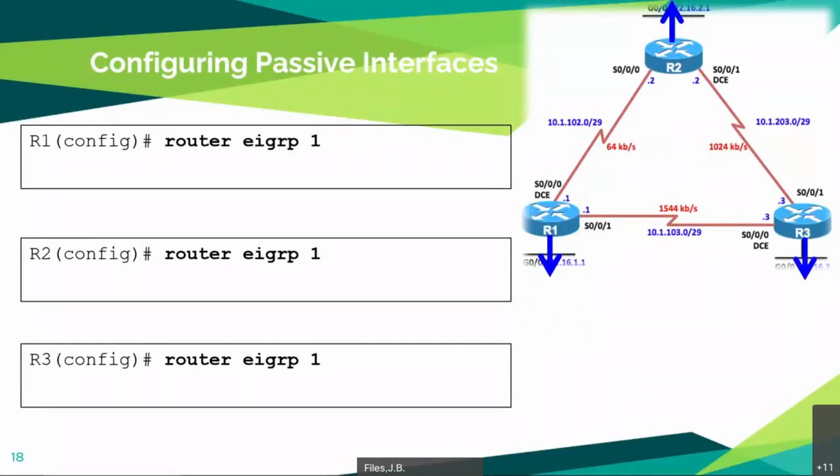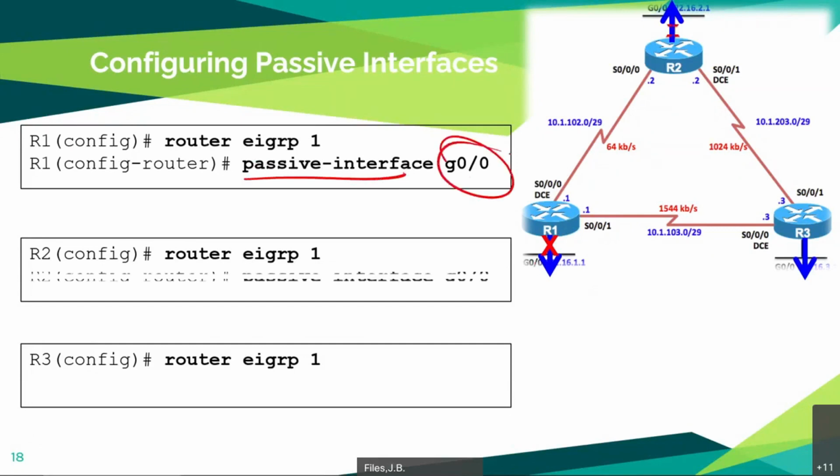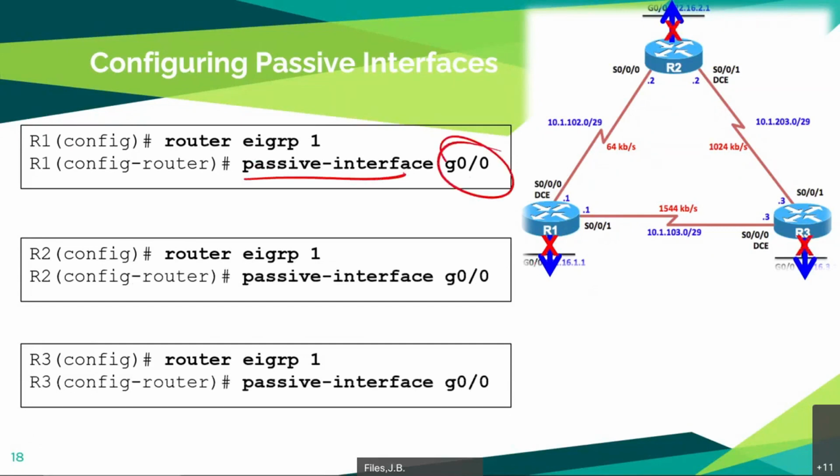So what we're going to do is say, okay, that interface is still participating in EIGRP, but we want it to be passive, meaning not active. Don't send or receive any hellos. Just let the other interfaces handle everything and advertise your subnet. Okay, so we say passive-interface gig 0/0, and we're going to do that on all three.